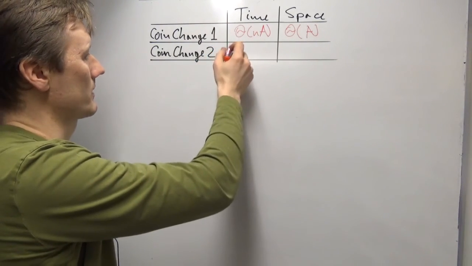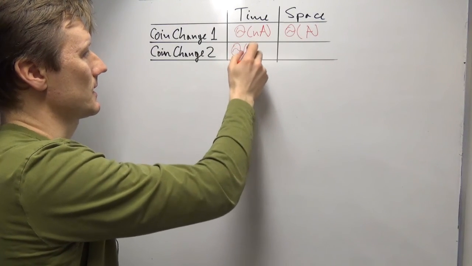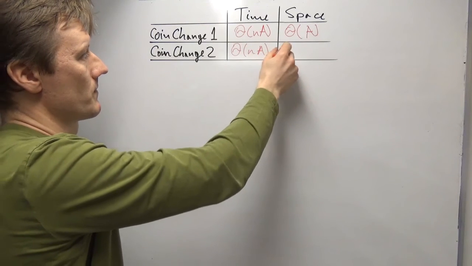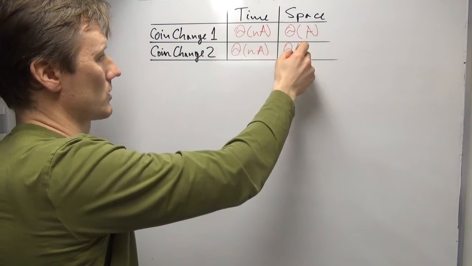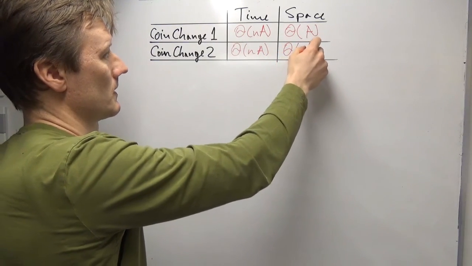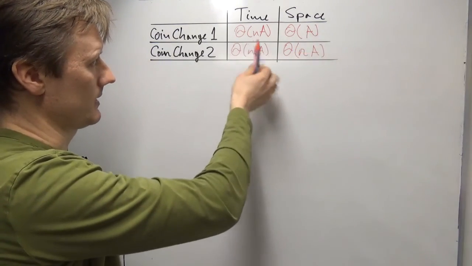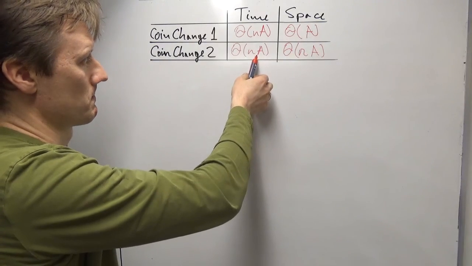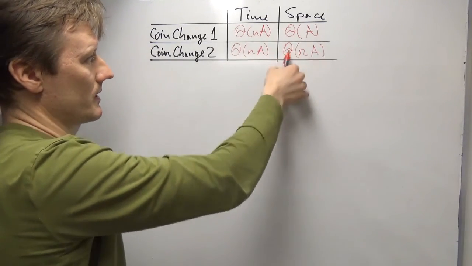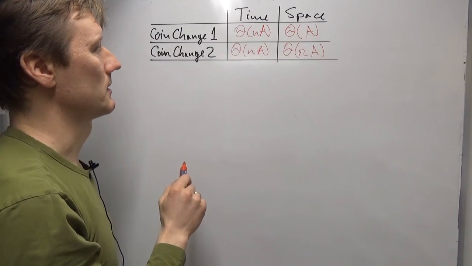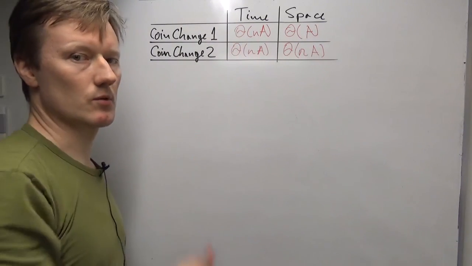On the other hand, coin change 2 again has the same running time, but uses more space. So here it is n times A because we have n times A subproblems, but we spend only constant time for each subproblem. We consider only a binary choice.